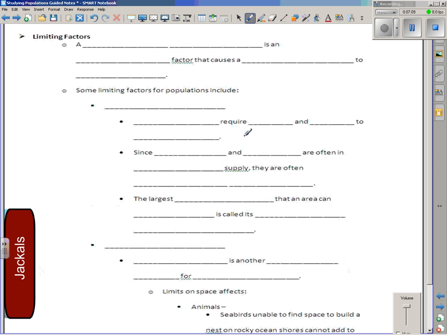The last thing we need to talk about are limiting factors. Now, a limiting factor is an environmental factor that causes a population to decrease.